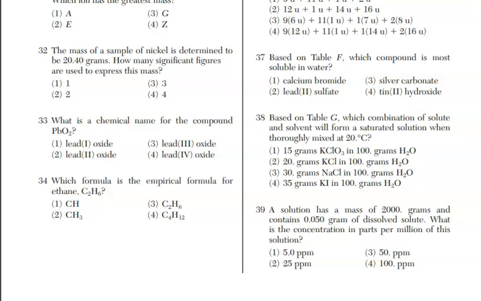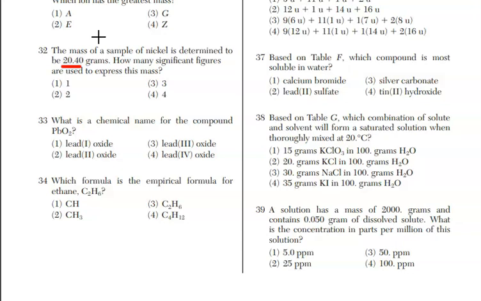For question 32, the mass of a sample of nickel is determined to be 20.40 grams. How many significant figures are used to express this mass? Well, when you have any non-zeros in a measurement, it is considered significant. The only value that you have to question is a 0.